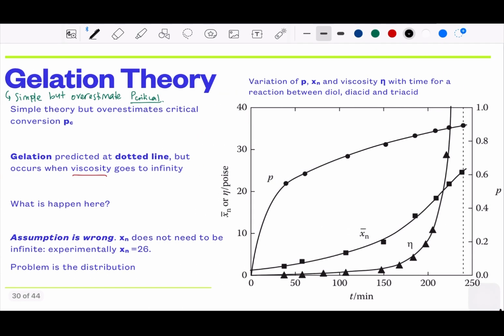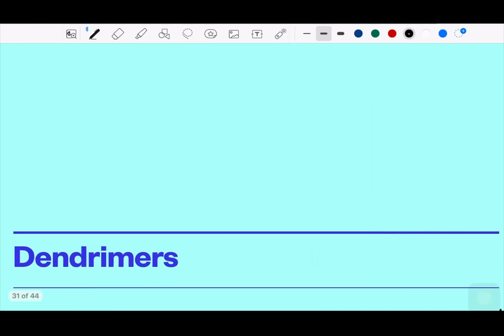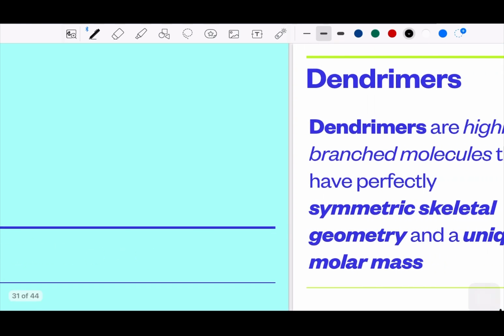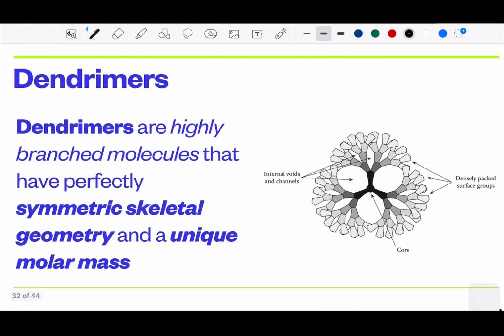Now after this gelation theory, we have some additional sections on dendrimers. So what's the importance of dendrimers? If we see the dendrimers in the picture, they are branched molecules. They're dense, with some voids here.